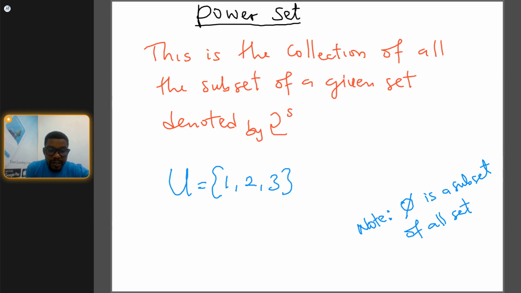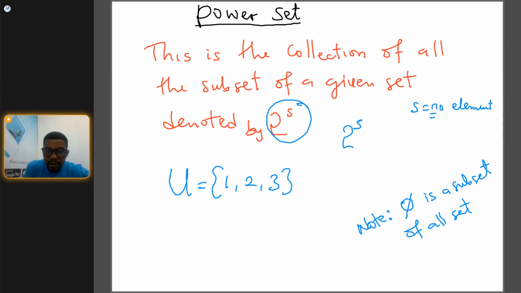So if this is my universal set, and we want to get the collection of the subsets of this given set, which is {1, 2, 3}, we have to use the formula given here. It is 2 raised to the power s, where s represents the number of elements.